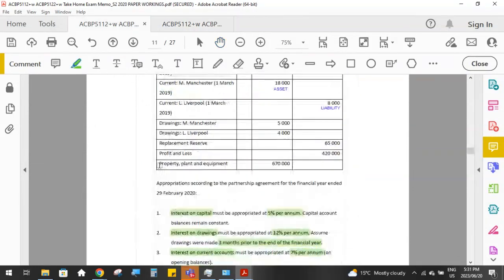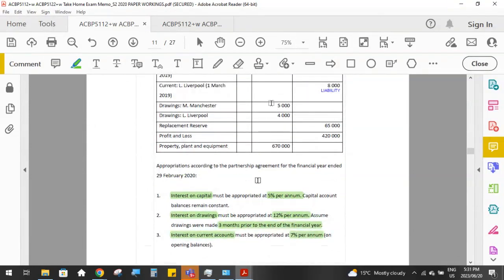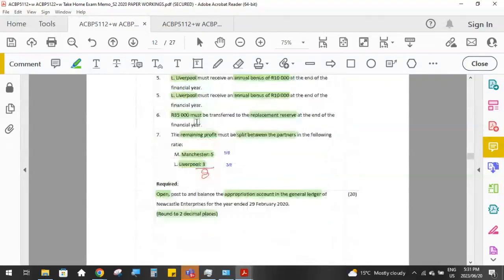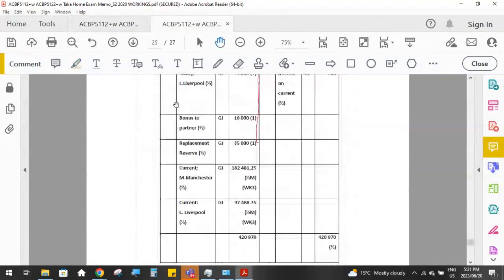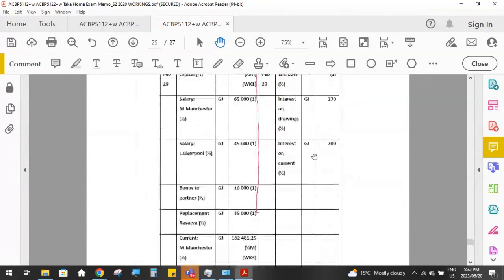Then the next line says interest on drawings must be appropriated at 12% per annum, and we are only taking that at 3 months prior to the end. So here's our two drawings amounts, 5,000 and 4,000, and again the workings are here, 5,000 plus 4,000, so 9,000 Rand times 12% per annum multiplied by 3/12 to get the total amount.